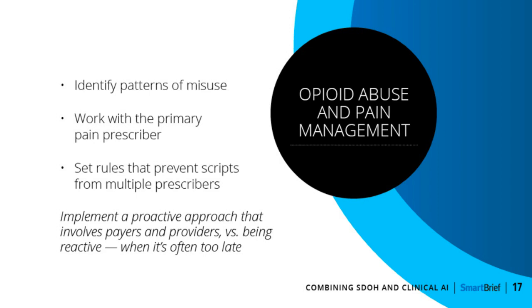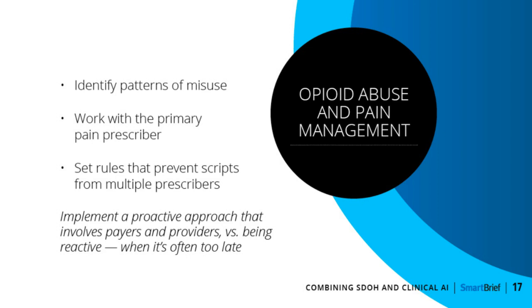An opioid prescription from an oncologist and an opioid prescription from a palliative care doc are different than two opioid prescriptions from two different ER docs. So an understanding of how the social determinants of health are interacting with what medications are prescribed, as well as who is prescribing them, really lets us understand who's on a bad track.